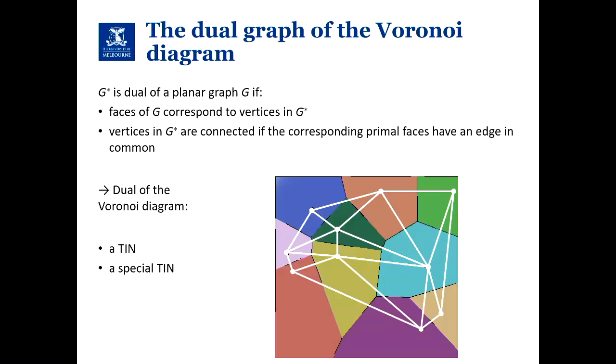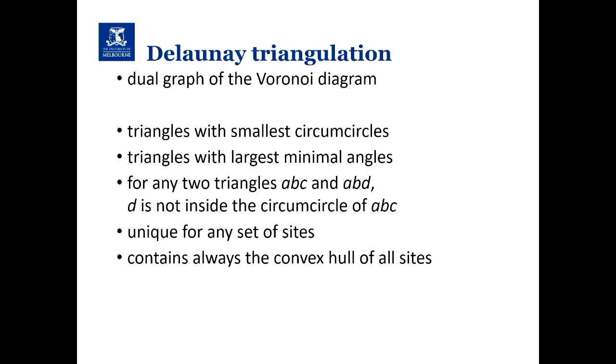If I use centroids, it will be a different dual graph. So basically you can convert from one to another based on some definition. And if you want to go back to the original one, you need to reverse that function. Exactly. And the function I will be talking about is called Delaunay triangulation.